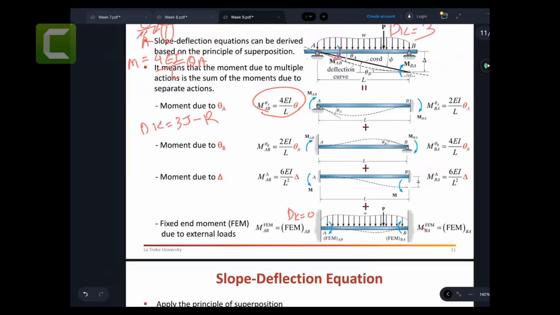Now again we go back and put this nail or plate back and say that theta A is 0 again. Then we go back and remove something from the B side and say okay, theta B is allowed.